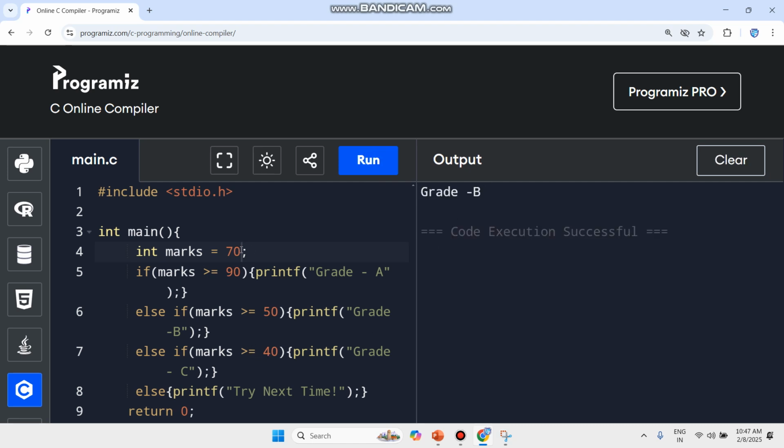If suppose I am getting 55, where will it come? Over here, right? Let's run. B, right?